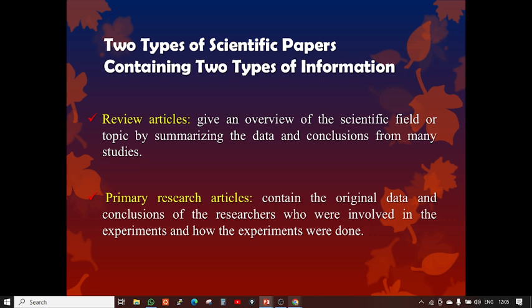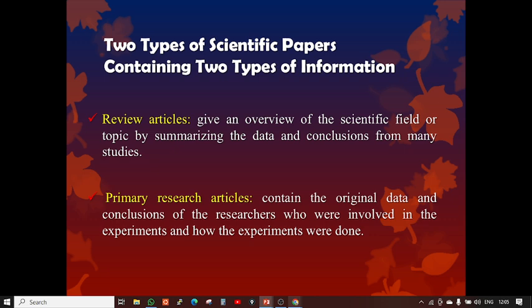That is called a review article. It is very easy to write review articles because you do not have to produce your own research results or analysis. You just make a summary of different research papers already published.